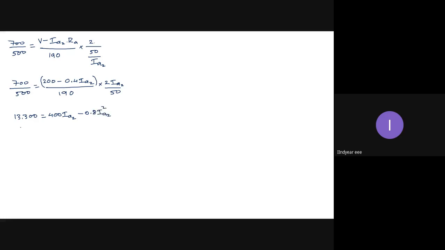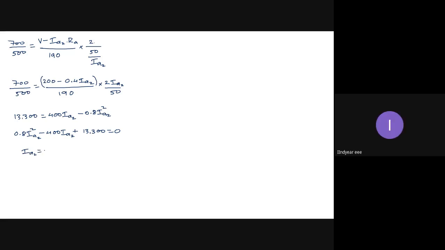So here I can write it as 0.8 IA2 square minus 400 IA2 plus 13,300 is equals to 0. So this is a quadratic equation. So now I will get two values of IA2. You can insert this equation in Calc and get the answer.